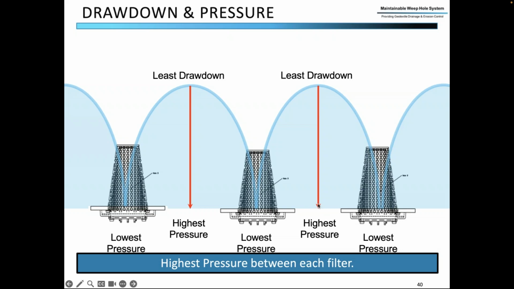And this is important when considering an application, especially a concrete application. You would think the middle of the panel is the strongest point. The seams are the weakest point. So placing units near a seam or near a crack, never on a seam or on a crack, will make sure that the lowest pressure is at the weakest point and the highest pressure is at the middle of the panel, which is the strongest point.